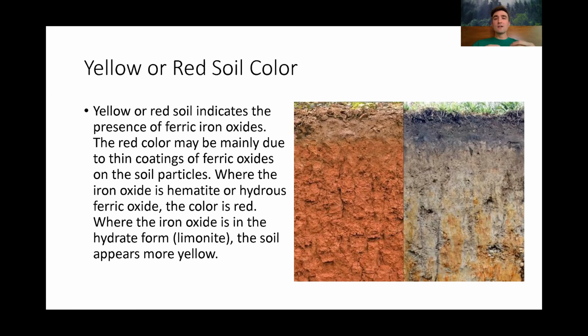And when iron is exposed to oxygen, you get iron oxide, which is rust. So that rust color that you see on rusty metal is literally the same material that is present in the red and yellow soils. It's quite literally rust in the soil.